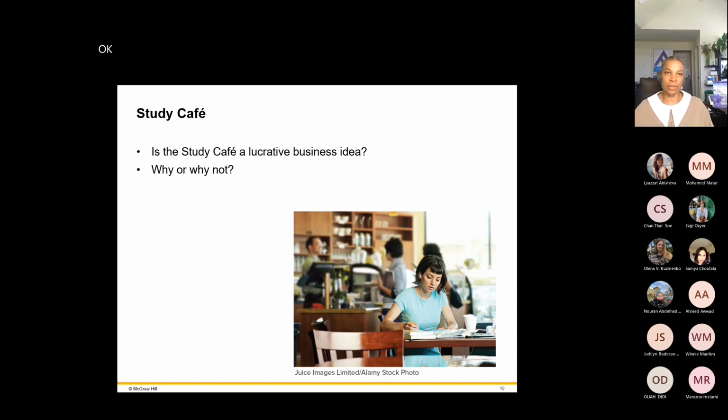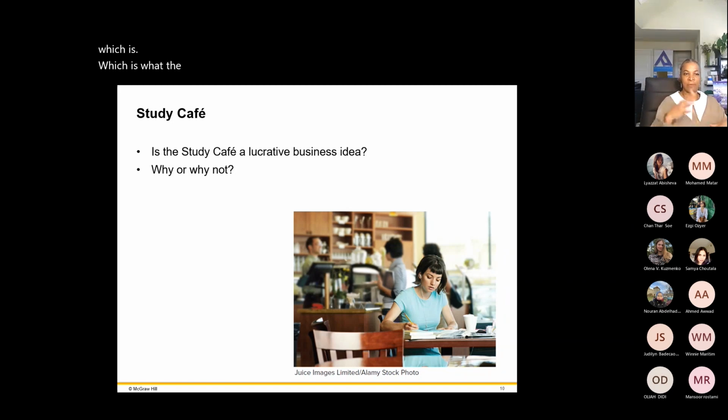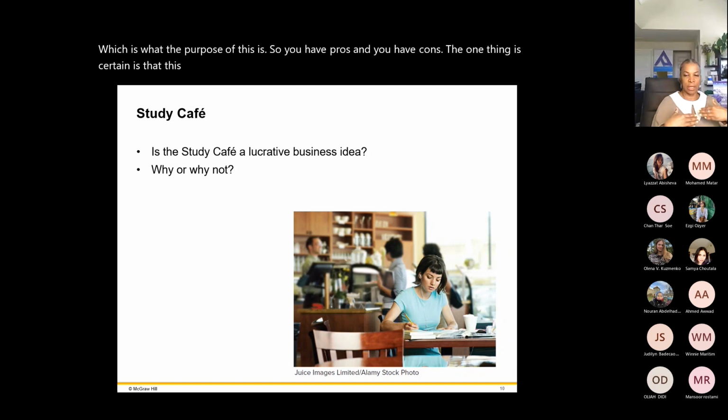Okay. That's great. You guys are raising some really good points and assessing this critically, which is the purpose of this. So you have pros and you have cons. The one thing that is certain is that this requires careful study to understand your market and what the need is.